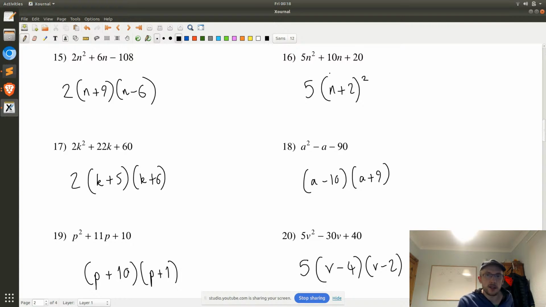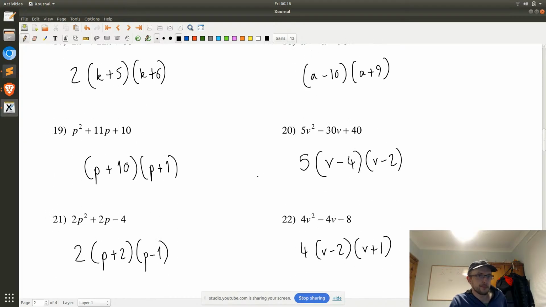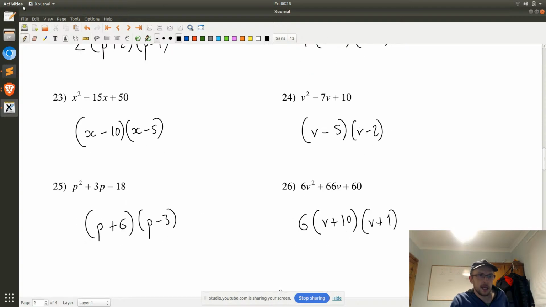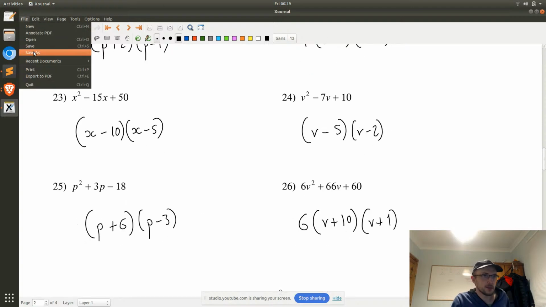That'd be n squared add 2n add 4. You're right. Too eager to factorize that. Do that again. There. And it's all good.